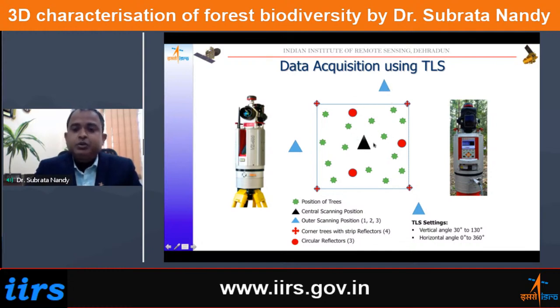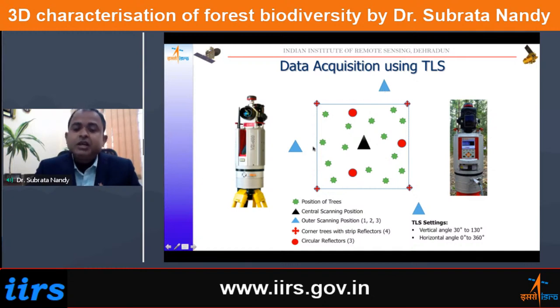In addition to the central scan, I have to scan from 3 or 4 positions, maybe in some cases, from outside the plot, around 5 to 10 meters away. The scanning position should be such that maximum trees are visible from there.